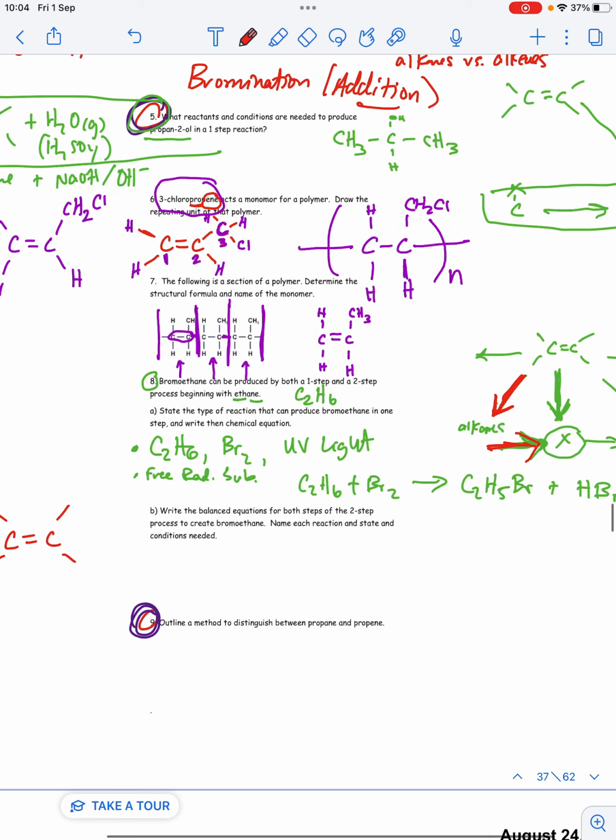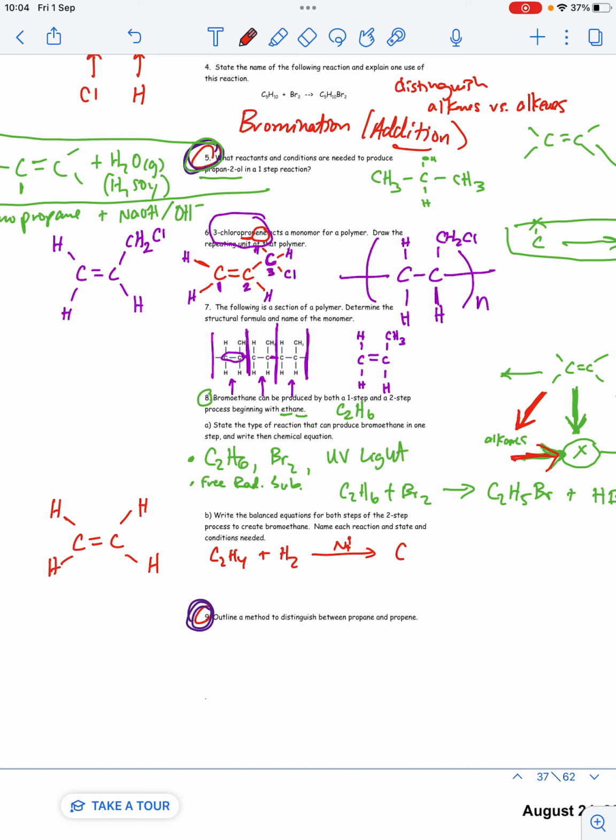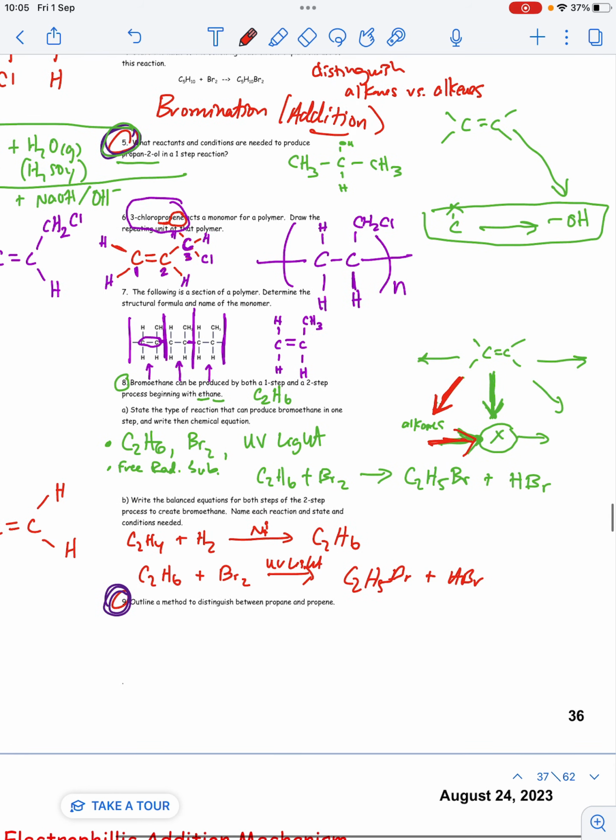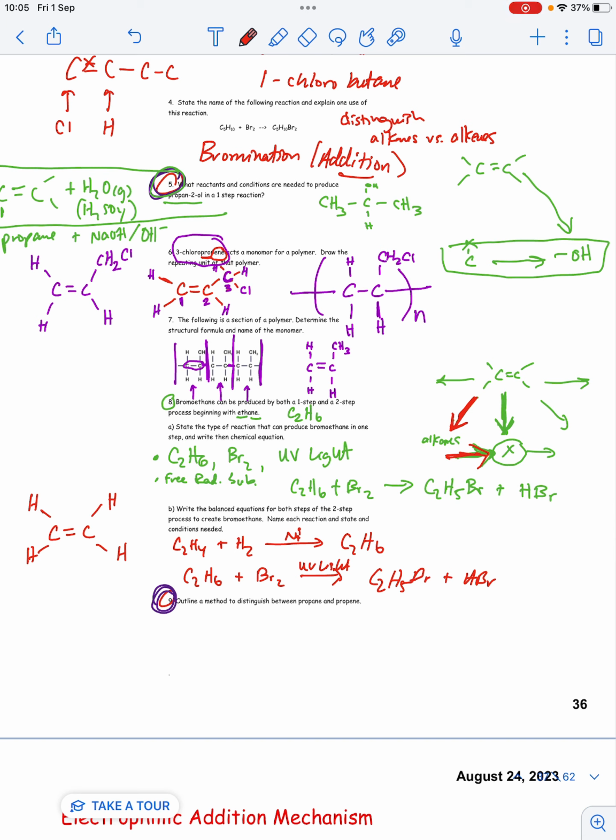But if you start out here, you could first add hydrogen with a nickel catalyst, and that would make ethane. Then you can take that ethane and do the reaction that we just talked about with the UV light, and you can end up with our halogenoalkane. So there is a two-step mechanism, but it's worded wrong in the question, so it's kind of hard to answer.